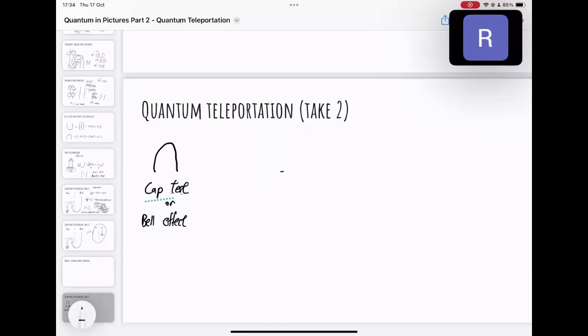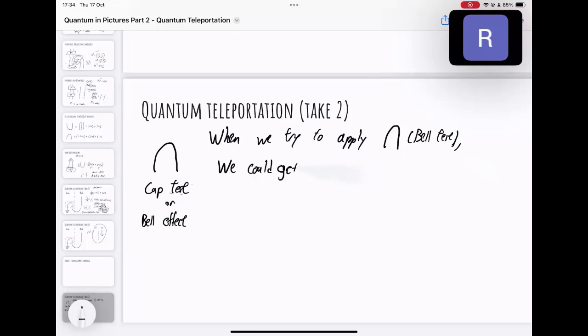What actually happens is when we try to apply it, we could get 4 possible outcomes. The first outcome is you actually do get what we wanted to implement, which is the usual Bell effect, which is good.